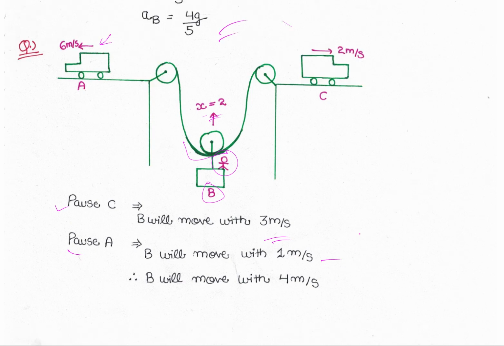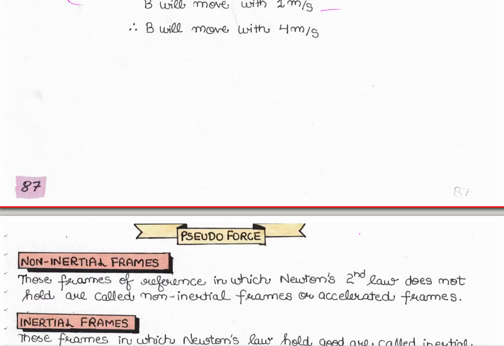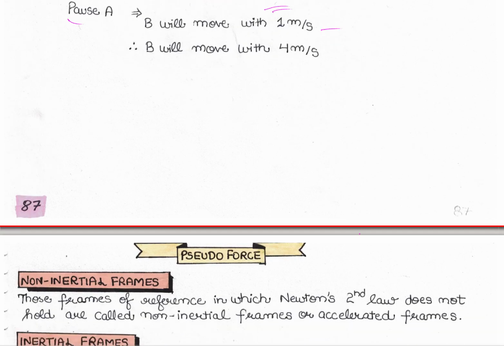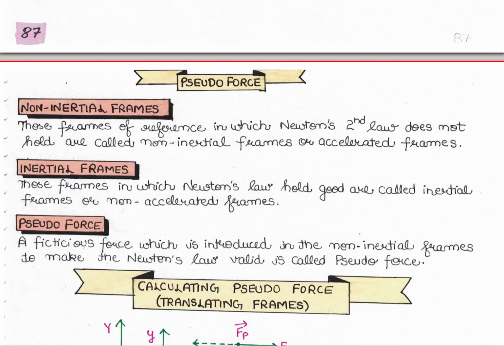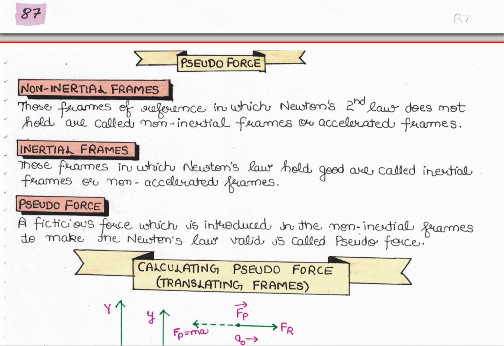Okay, and we are now interested to know what is pseudo force. So non-inertial frame. What is non-inertial frame? Those frames of reference in which Newton's second law does not hold are called non-inertial frames or accelerated frames.